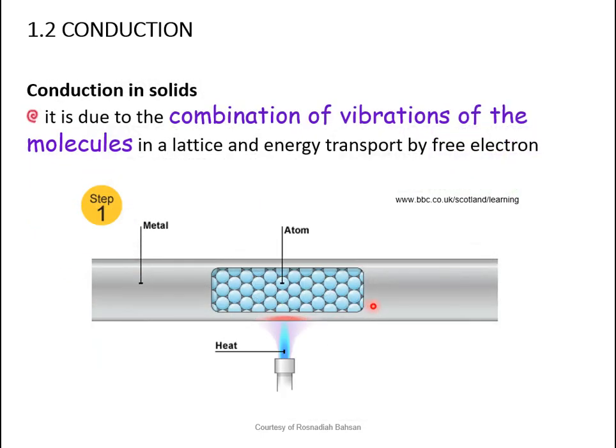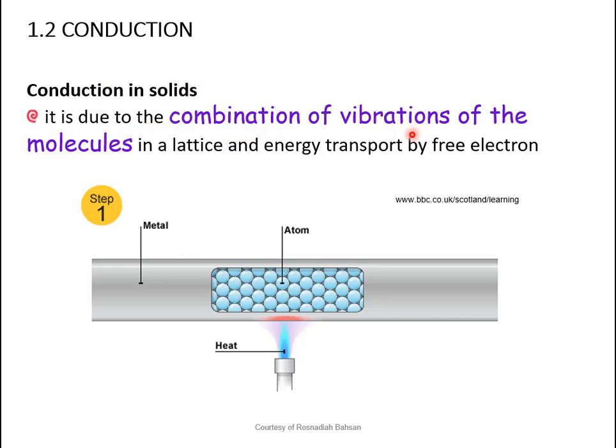And then in a very brief view, how to see the collision of atoms and how the vibration occurs, you can see this slide. Conduction in solids is due to the combination of vibration.